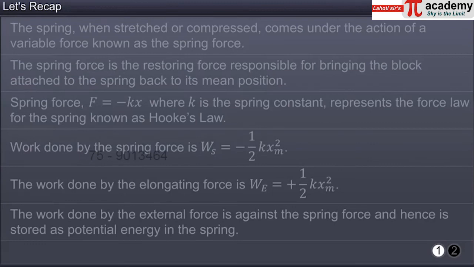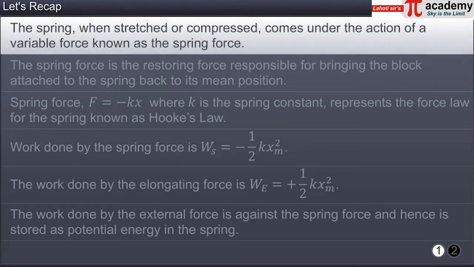You have now reached the end of this module. In this module, you learnt that the spring, when stretched or compressed, comes under the action of a variable force known as the spring force.